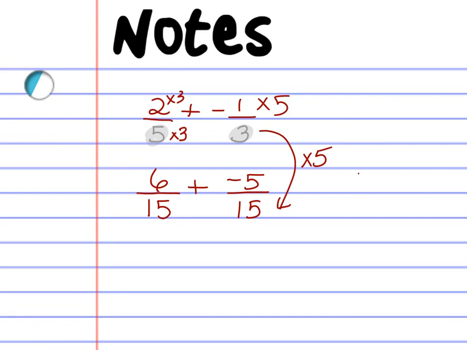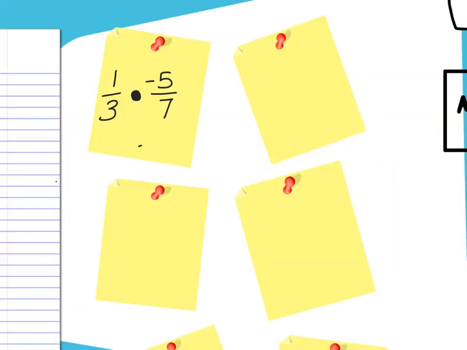If I simplify that, I might think of 6 minus 5, which is 1/15, or 6 plus a -5 is 1, and the denominator stays the same.